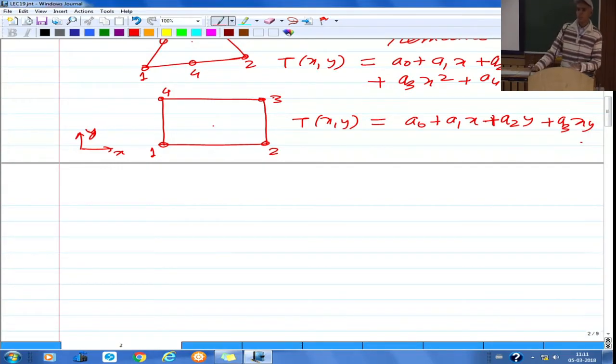So that's not desirable, because then you are giving emphasis to one particular direction, that my temperature field is varying with a sharp variation along x direction or along y direction.